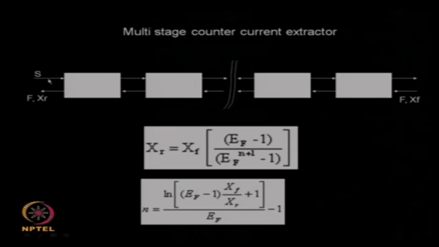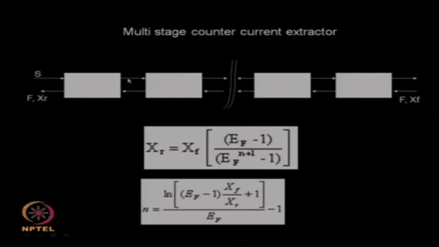Your solvent is entering from the left hand side and travelling through each stage and then finally leaving the train. The solvent entering on the left hand side is fresh solvent, so it does not contain any solute, but after stage 1 it would have picked up some solute. So whatever solvent enters stage 2 or subsequent stages will always contain some solute, okay.